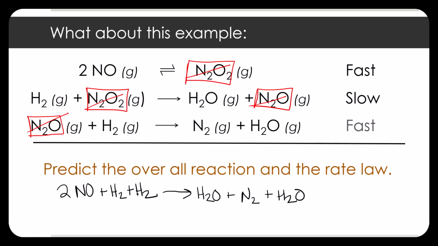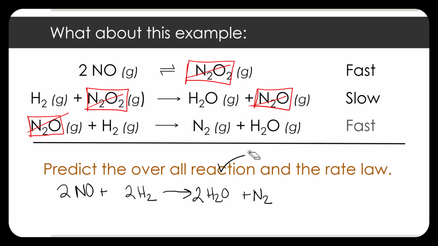Cleaning up this overall reaction a little bit, we've got H2 here, we've got two of them, so I can reduce that down to 2H2. And then same thing with the waters, there's two of them, so 2H2O. So that's the overall reaction. Check, we did that. Now we have to predict the rate law.